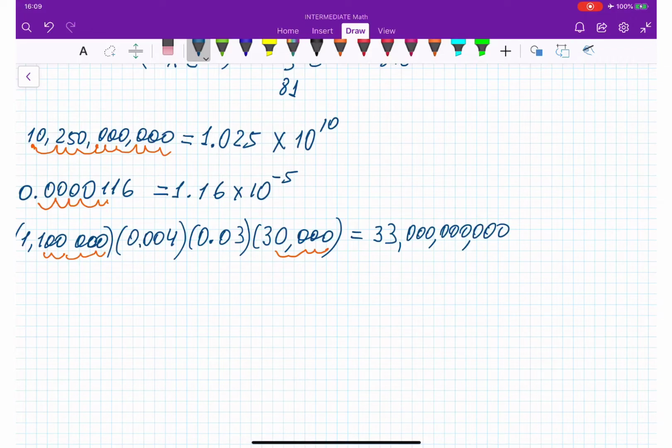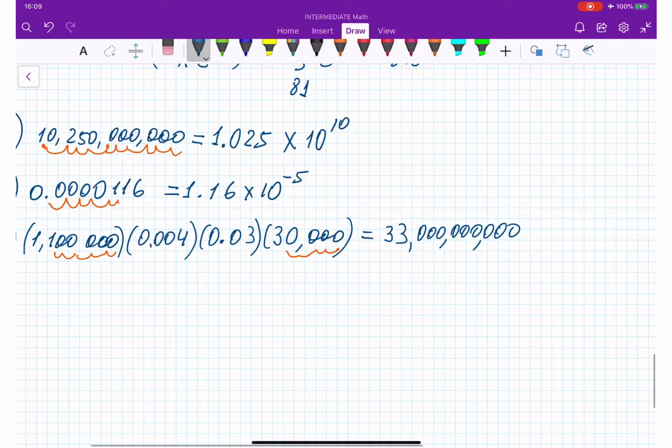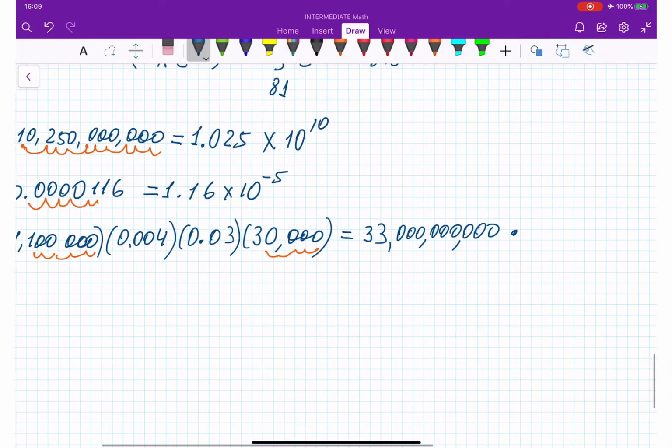Okay, 33 billions. Next, multiplying by, now let's multiply these two. 4 times 3 is 12. My point is here, and how many decimal notations do I have here? 1, 2, 3, 4, 5.